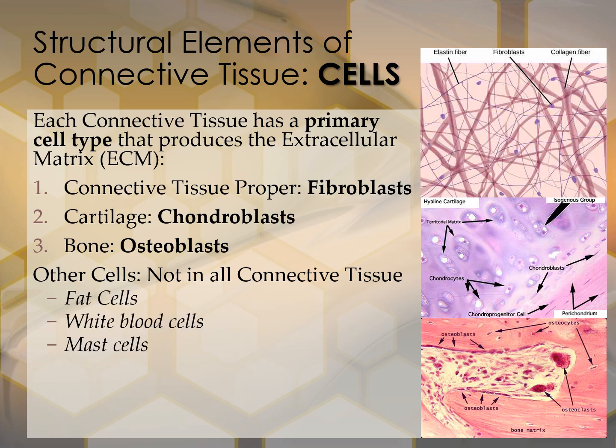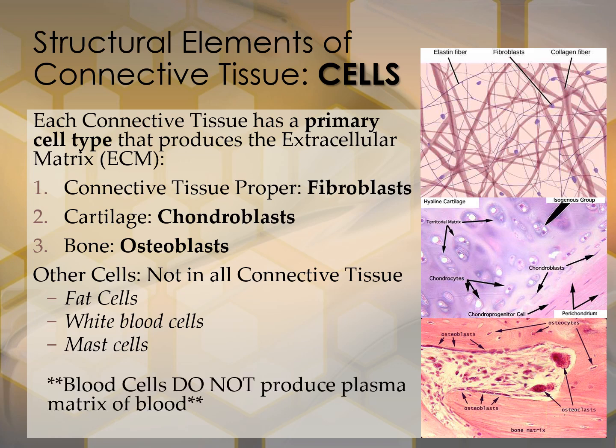So there are other cells that we do see in connective tissue, okay, but not in all connective tissues. So we do see fat cells, right, in fat tissue or adipose tissue. We see white blood cells, right? So there might be some white blood cells or some mast cells hanging around, okay? But they're not the ones that are going to be producing that extracellular matrix.